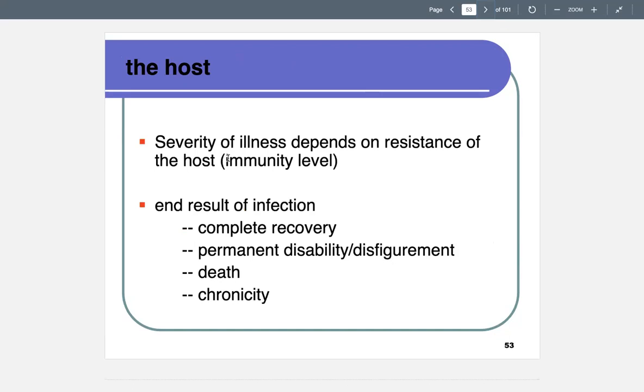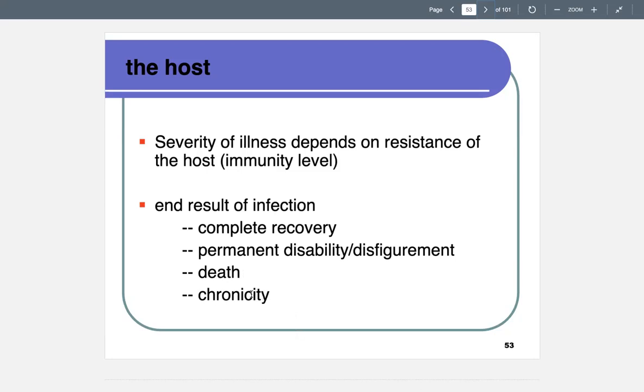Okay, the host severity of illness depends on the resistance of the host or yung immunity level nga, as I've said, no? And result of the infection, it could be of these four, no? Complete recovery. There is a permanent disability or disfigurement, okay? And the fatal, okay, or it could lead to death, and chronicity.